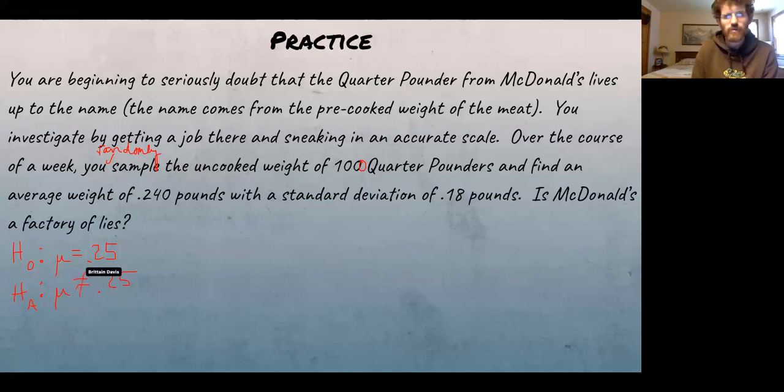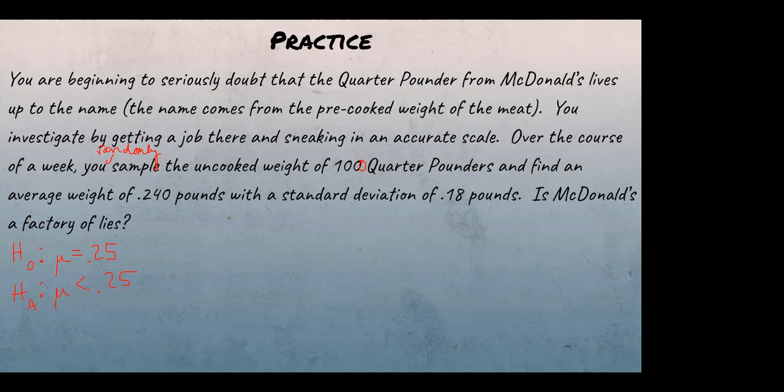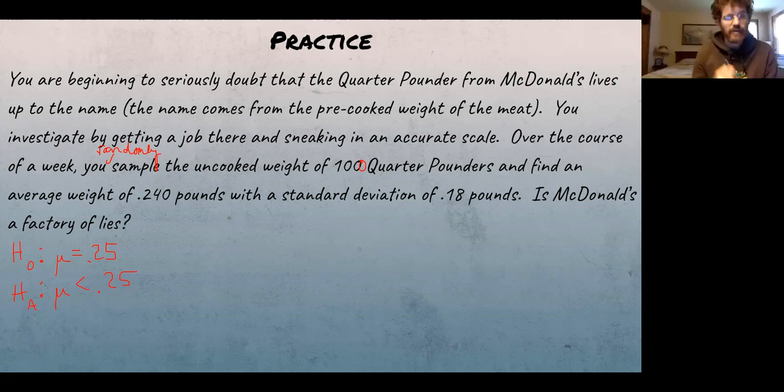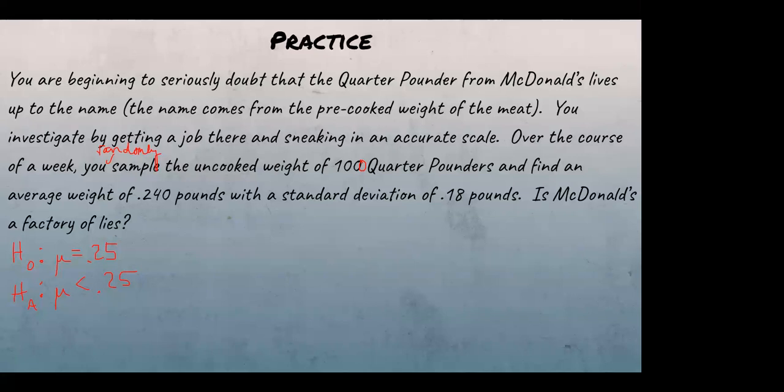So the most conservative thing to do here is not equals. That's not a wrong answer, but we're going to move forward like this. Okay, so does that make it one-tailed? There you go. Now it's a one-tailed test because we're only checking to see if it's less than the presumed mean. Okay, and what significance level do we want to use here?